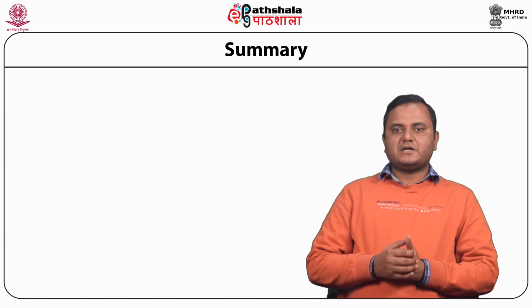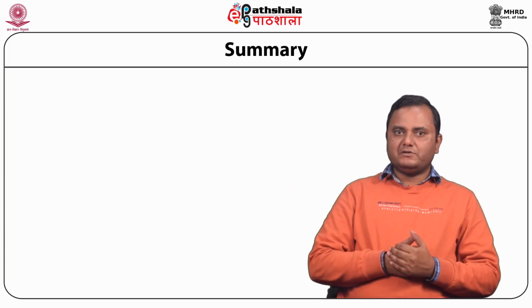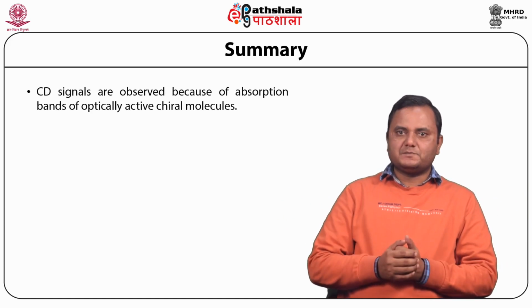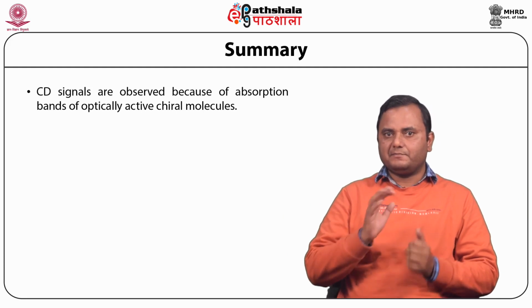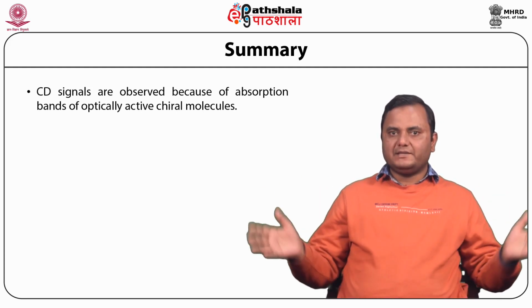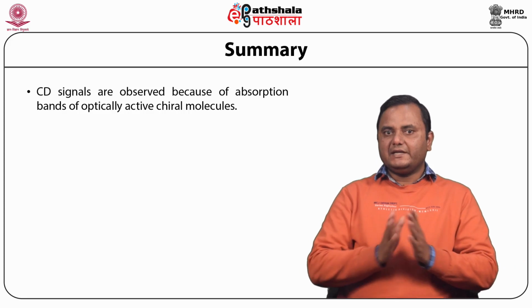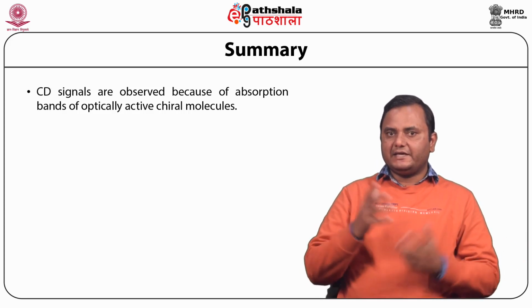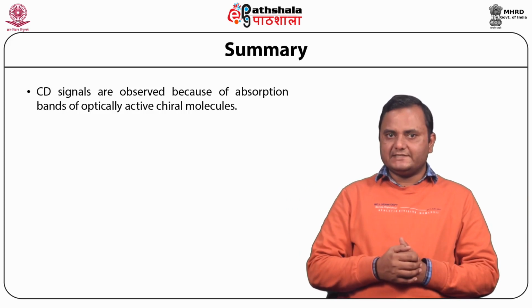So students, let's now summarize what we have learned in this module. We discussed that CD signals are observed because of absorption bands of optically active compounds in circularly polarized light. Only optically active compounds give the CD signal, and an achiral molecule doesn't give any CD signal.